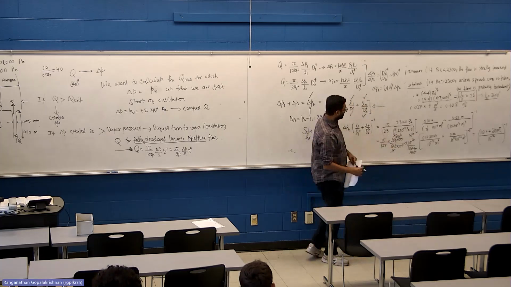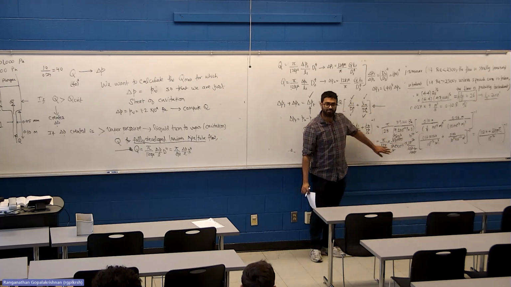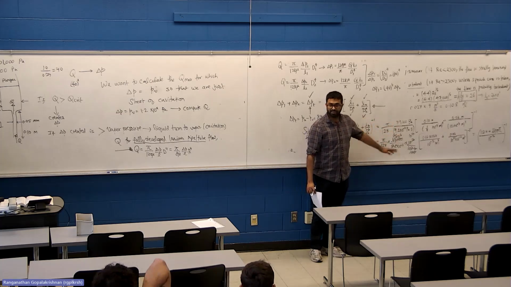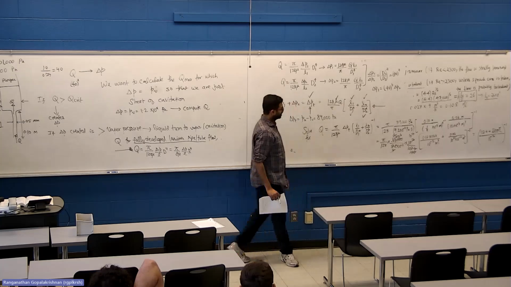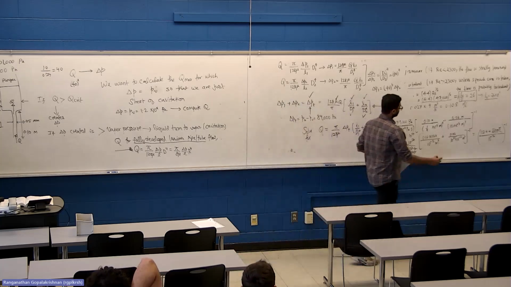Okay, I'm sorry, I don't want to spend any more time on this. I'm not good at this. Please go home and complete it. The solution is in the solution document.